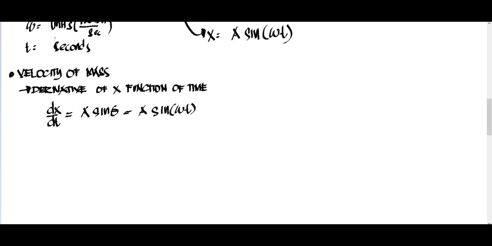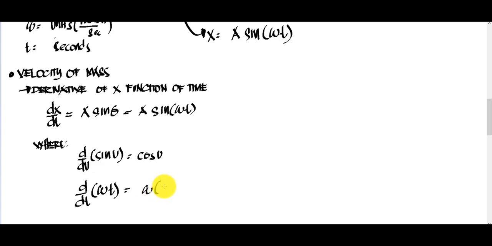Let's try to remember from your calculus: the derivative of sine of u is equal to cosine of u, times the derivative of u. Here u is the angular velocity times time, so the derivative is the angular velocity times 1, since the derivative of t is 1.